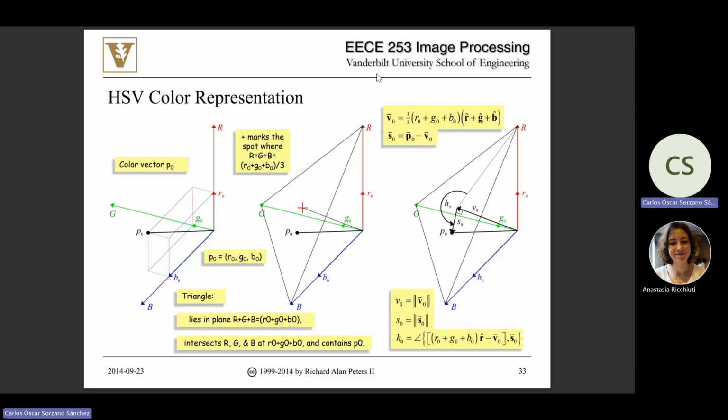So I will tell you these three numbers: the value of the gray point, the length of the vector that you have to add, and the angle that you have to travel from this line to your point. Then I'm uniquely defining my color.